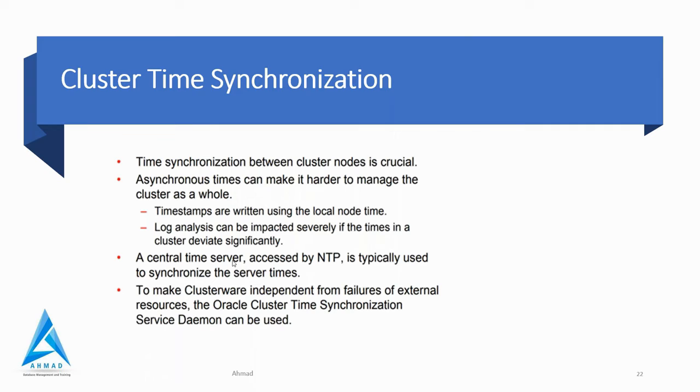A central time server in the data center accessed by NTP, Network Time Protocol, is typically used to synchronize the servers, which gives times to prevent deviating times between the cluster nodes, and to avoid sudden time adjustment on an individual node, which can lead to node evictions when performed abruptly.